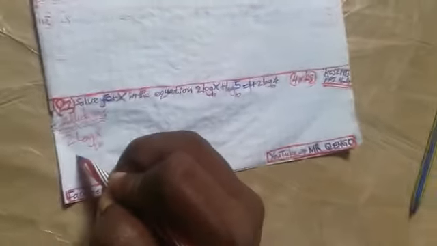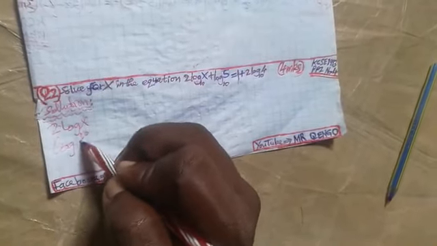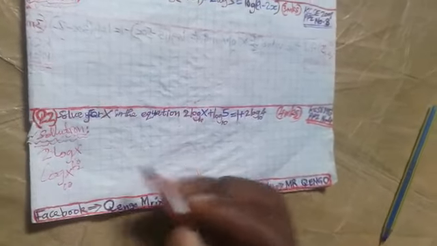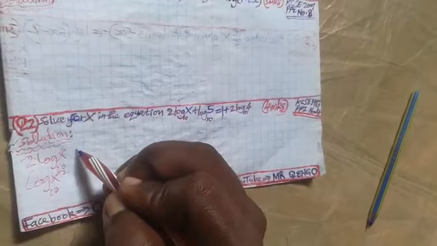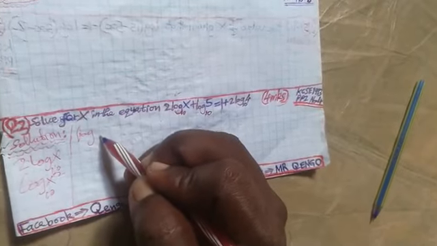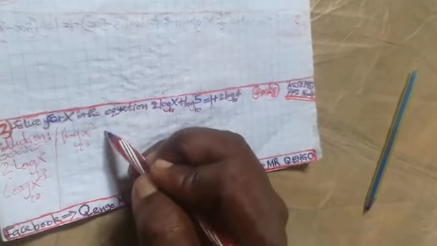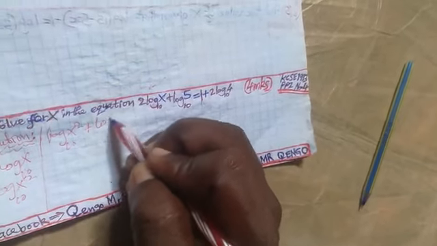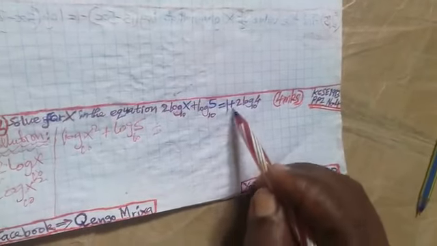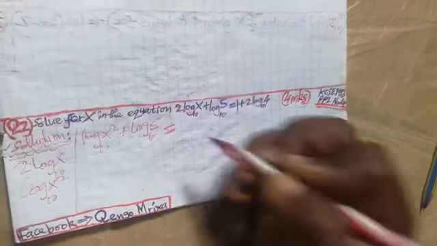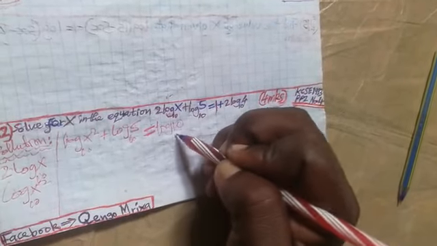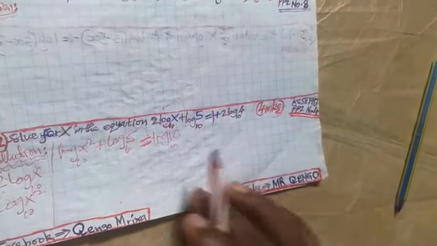If we apply the power rule, this becomes log of x to the power 2 base 10, plus log of 5 base 10 is equal to, we have already solved 1 is equivalent to log of 10 base 10, because our base is 10.